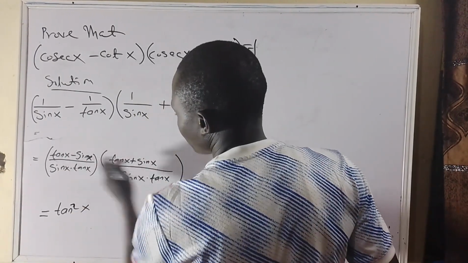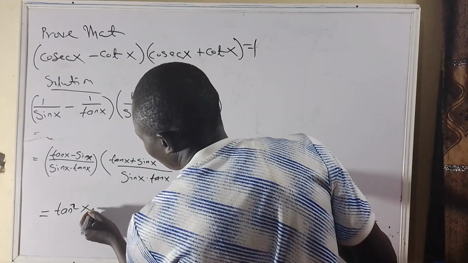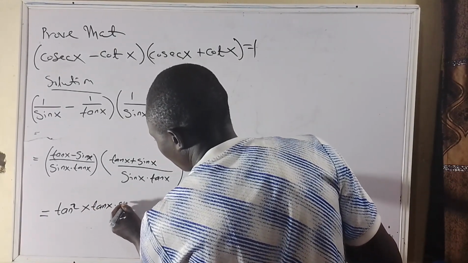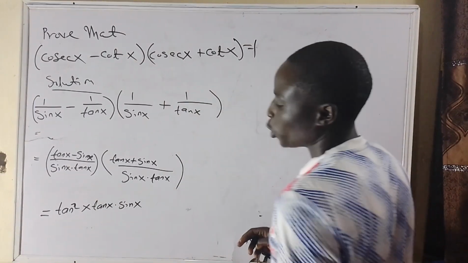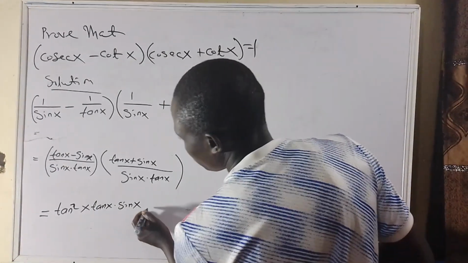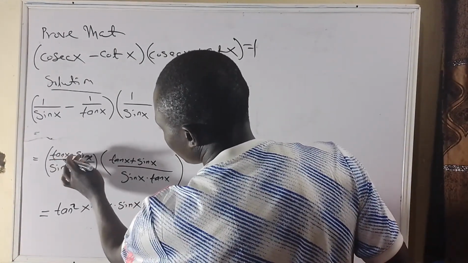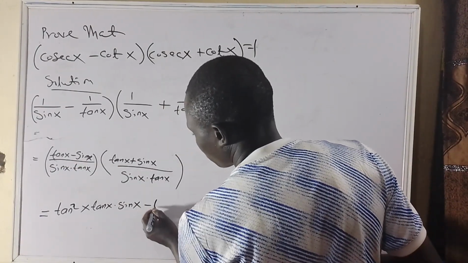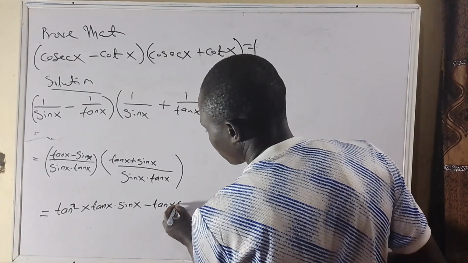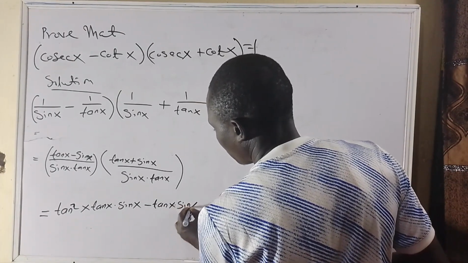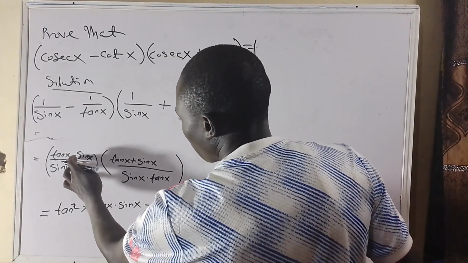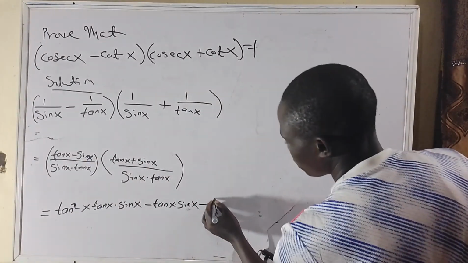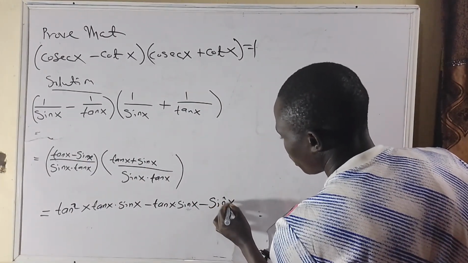Then tan x times sin x is tan x sin x. Then minus sin x times tan x is minus tan x sin x. Then minus times plus is minus. Then minus sin x times sin x is minus sin square x.